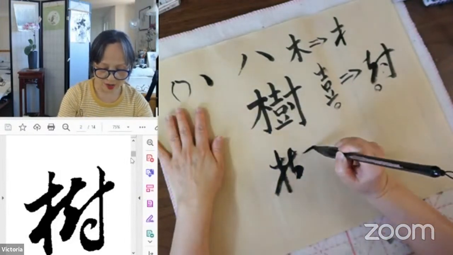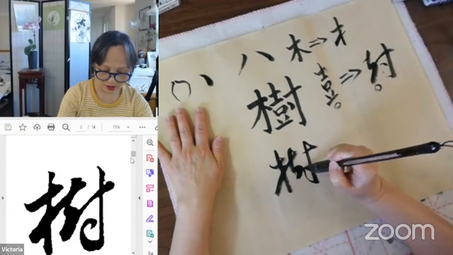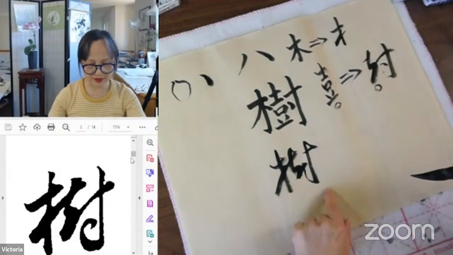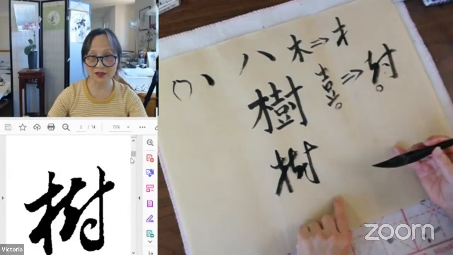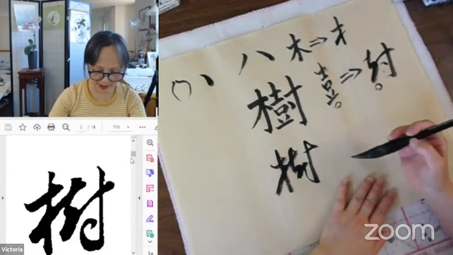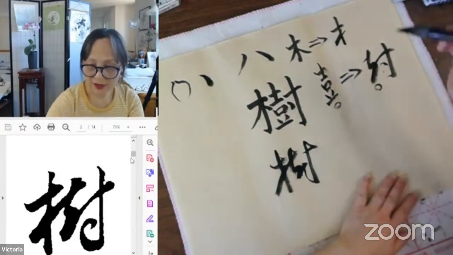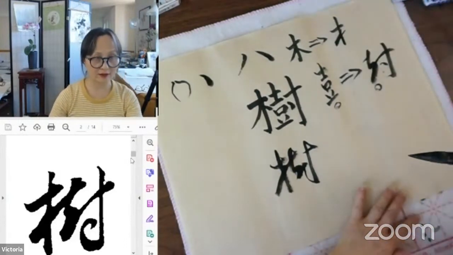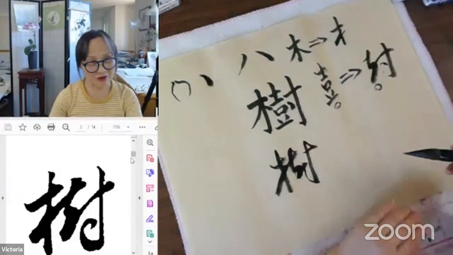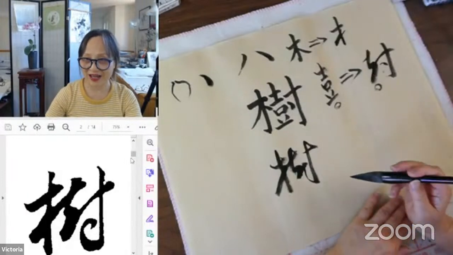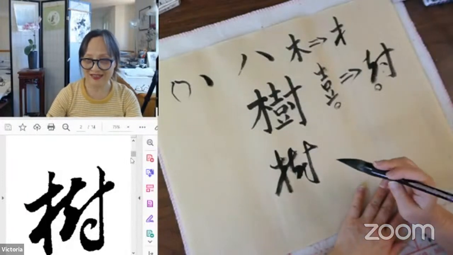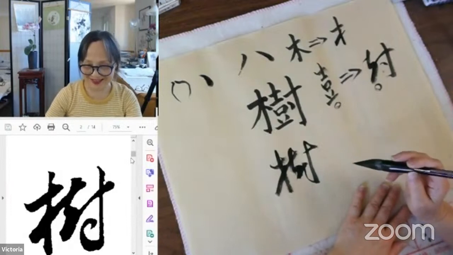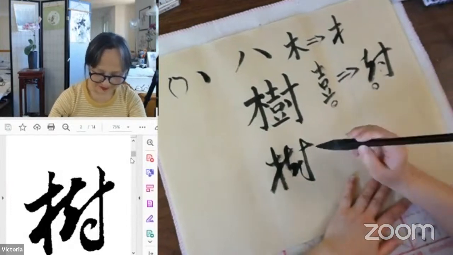And the right part, this vertical, not good. I watched the sample. But you know, with walking and running, you can correct every tenth of a second.